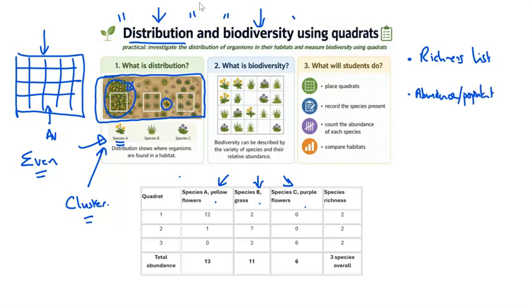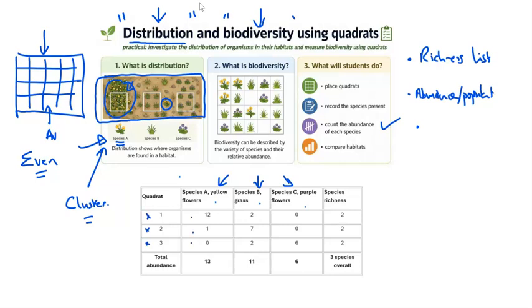So for organisms that don't move, like plants, quadrating is the best way. For animal species, there are more advanced techniques involving animal traps. But we'll not discuss those in detail here. So we get the abundance. And then we can combine those in a table. And so here we have our quadrats.